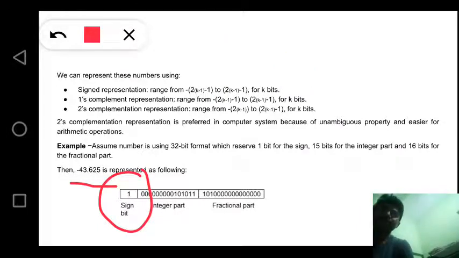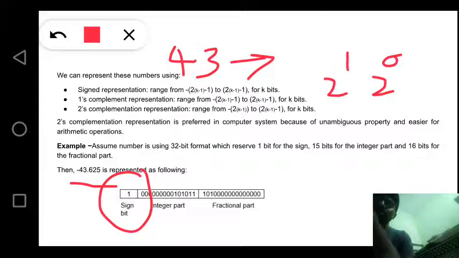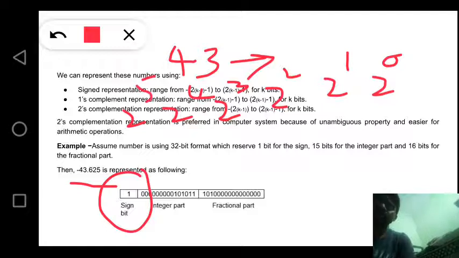Next, the integer part. Take 43 and convert it into a binary number. How will you convert 43 into a binary number? I will tell you the shortcut: 2 power 0, 2 power 1, up to 2 power 4, 2 power 5. 2 power 5 is 32, so it should be 1.